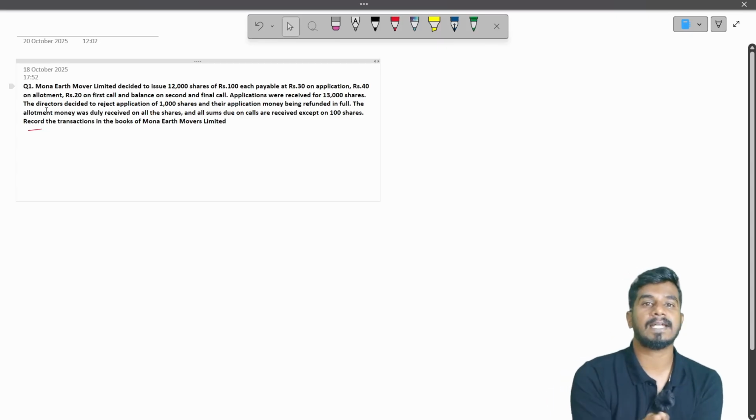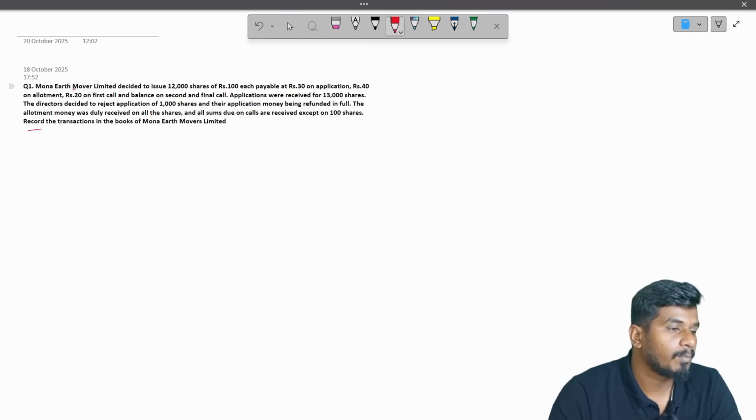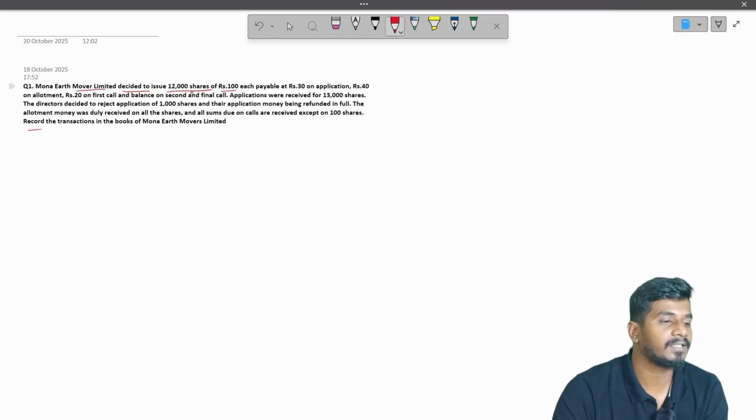Let us read the question first and understand it. Mona Earth Movers Limited decided to issue 12,000 shares of rupees 100 each.